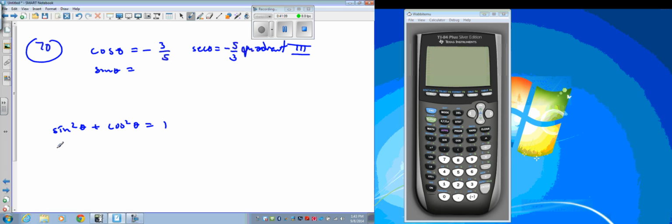So we isolate the sine, and then we get sine by itself by doing plus or minus the square root, right? Remember that this is the square root principle. If you get a squared equals something, then you can take the principal square root here and plus or minus the square root there. Remember that from algebra? Square root principle.